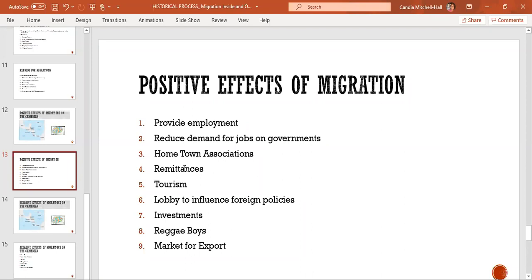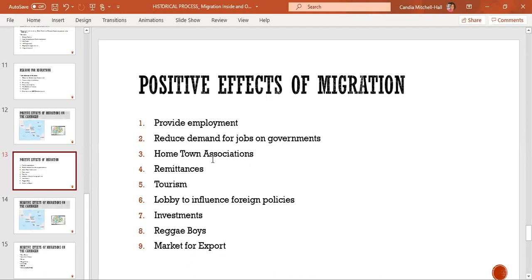I send 100 US here in Jamaica. My family member who is getting that 100 US is not getting 100 US cash. They're actually getting the Jamaican equivalent. The government is taking that US dollar that was sent and using it to buy goods and services. So, in other words, remittances are very important. It's a large earner for governments.